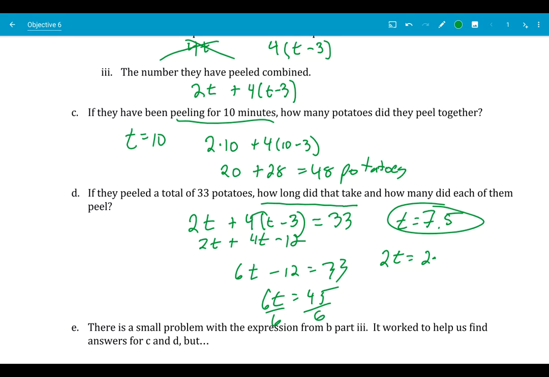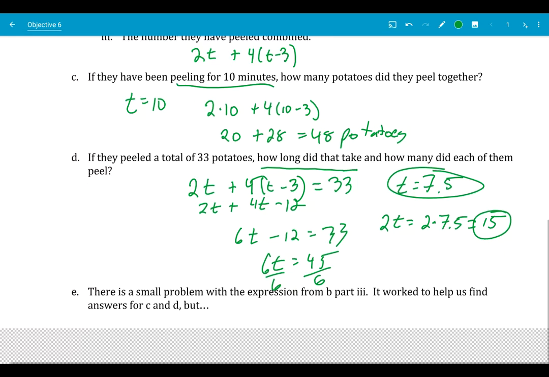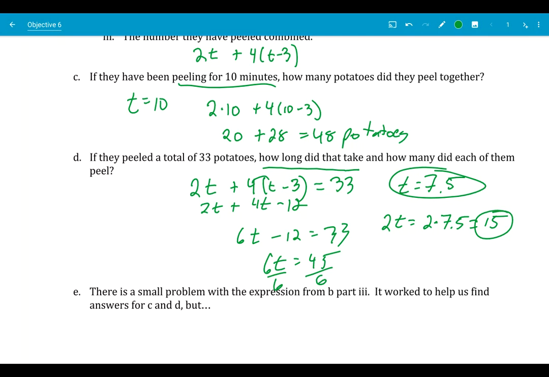I'm going to change that to 2 times 7.5, so it looks like I peeled 15. Now, we could plug 7.5 into my wife's expression, or we could just use a little bit of logic. 33 potatoes were peeled total. 33 minus 15 is 18. So I peeled 15. My wife peeled 18.